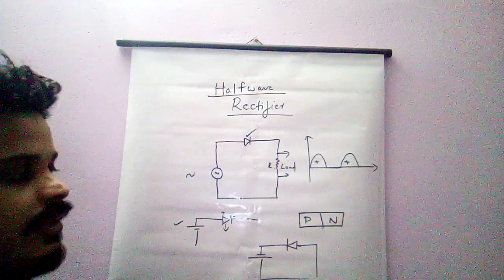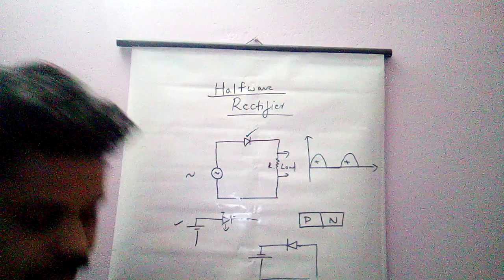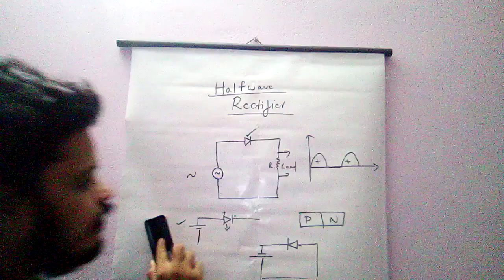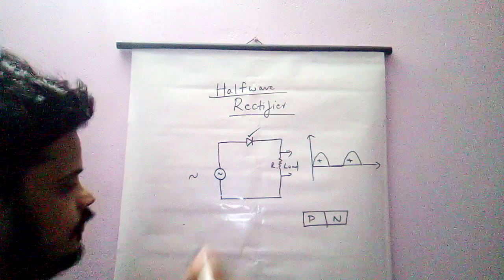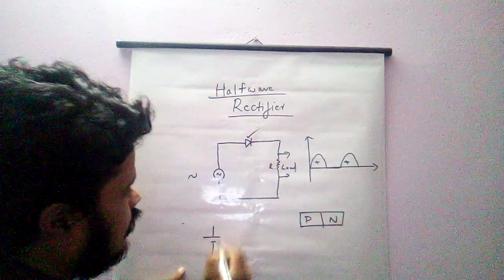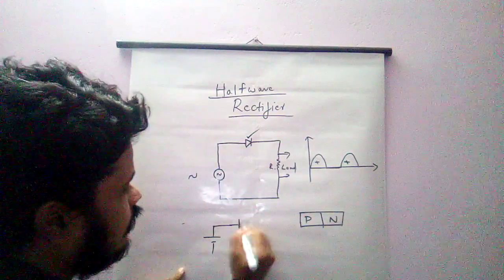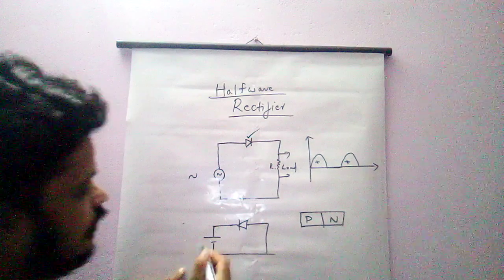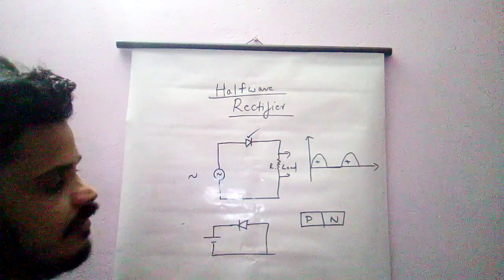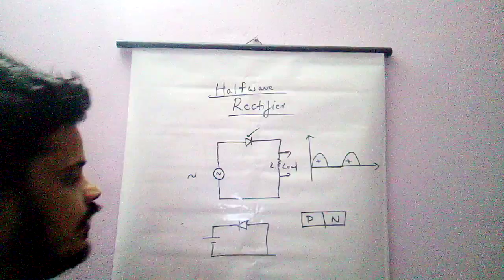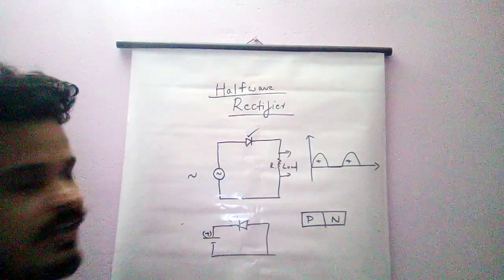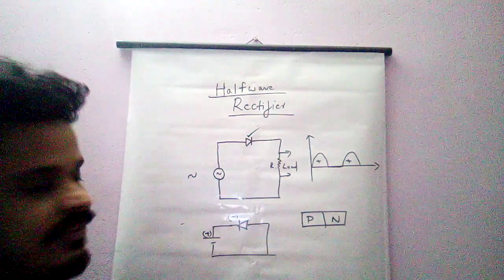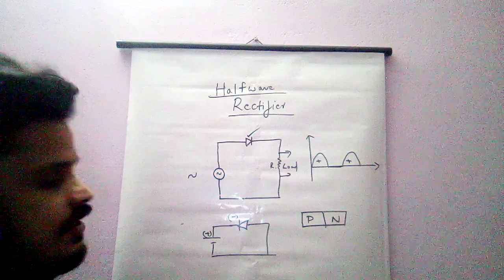Now in the reverse bias condition, the positive terminal is connected to the negative side of the diode. So this case is called the reverse bias condition.